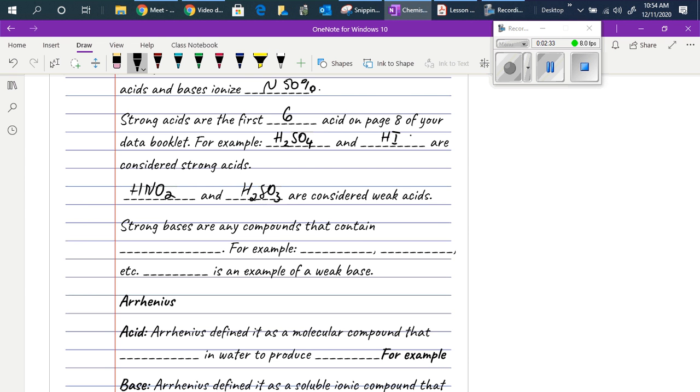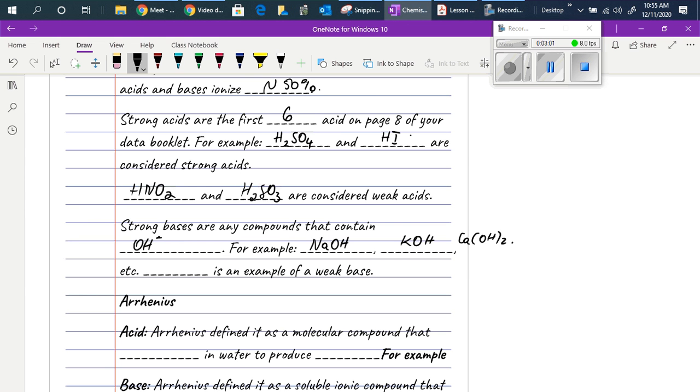Strong bases are any compounds that contain hydroxide. When we see the hydroxide, OH minus, then we will have a strong base. Examples may be sodium hydroxide, or potassium hydroxide, or calcium hydroxide.